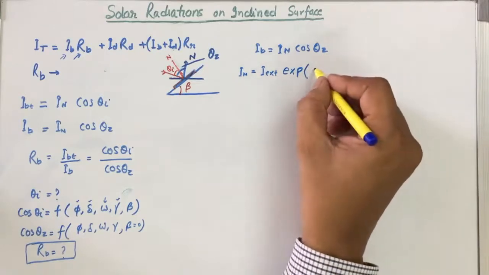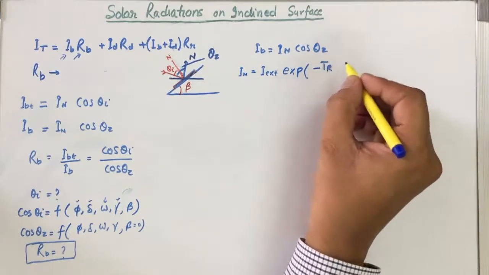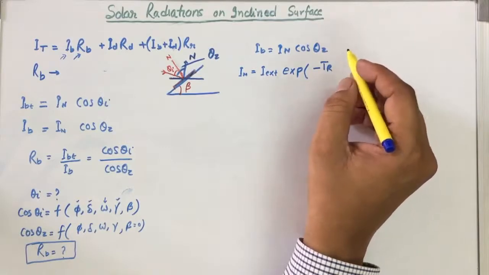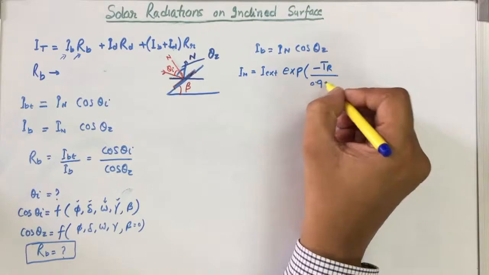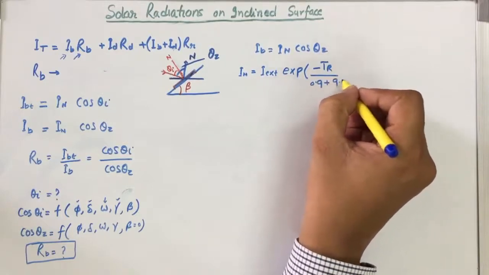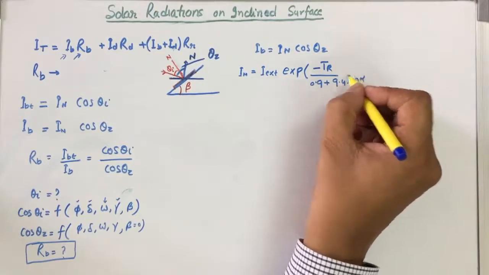It is a formula, I am just taking it from somewhere, 0.9 plus 9.4 sine alpha.